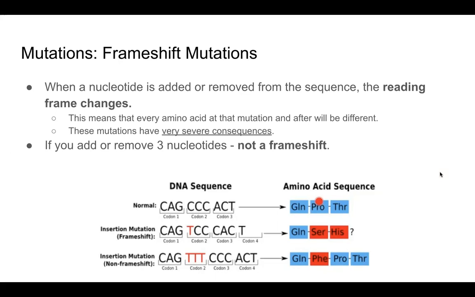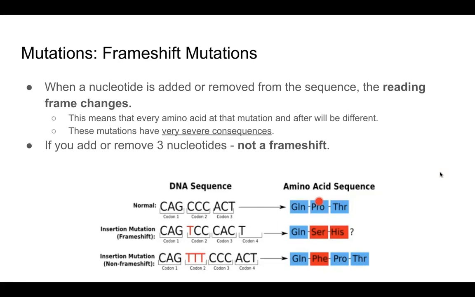So it's going to result in a massive missense kind of effect where all of the amino acids downstream are going to be swapped for another one, because it's going to move one nucleotide over just because you're adding or deleting a nucleotide.